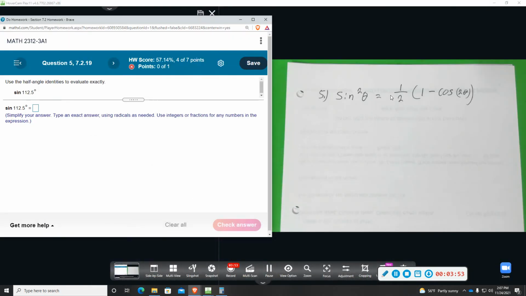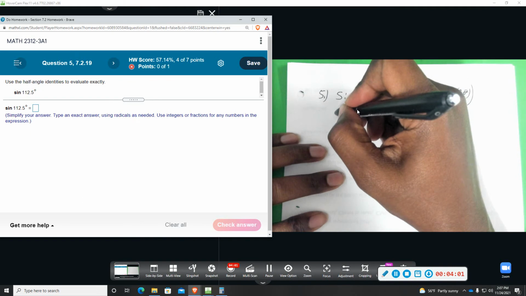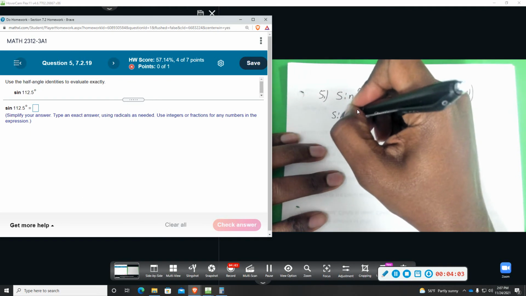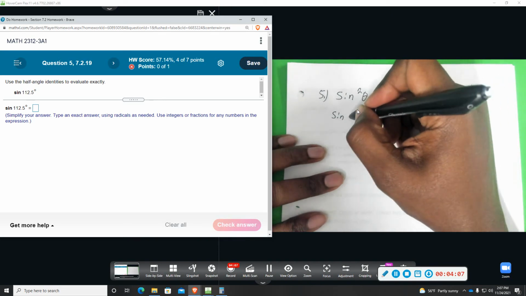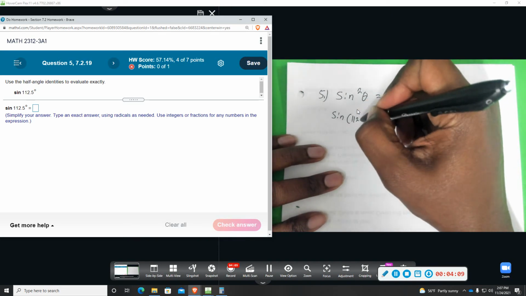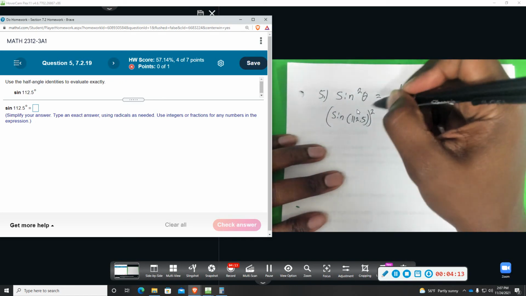Alright, from here, I'm going to rewrite it the way that you would solve it, if you want to use that formula. So this is really saying sine of the angle they're using, 112.5, and then this whole thing is squared, so this is how you would put it in the calculator.